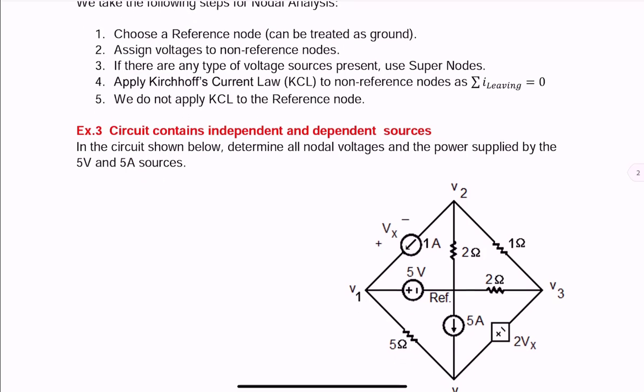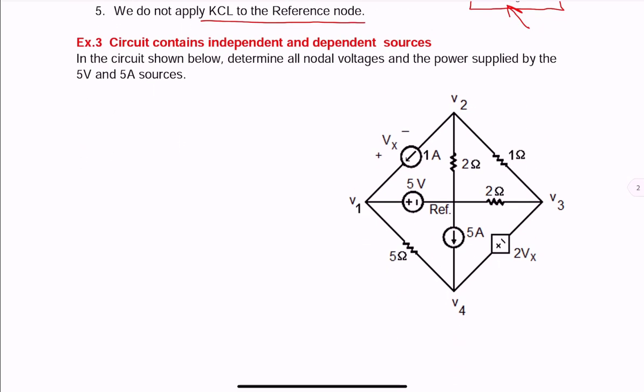These are already done on the figure. If there are any voltage sources, we use supernodes. Then we apply Kirchhoff's current law to non-reference nodes and supernodes. Preferred version, summation of currents leaving the node equal to 0. And we never apply Kirchhoff's current law to the reference node.